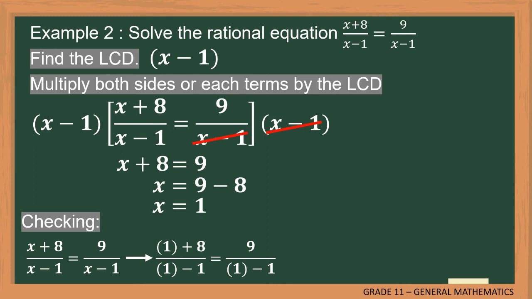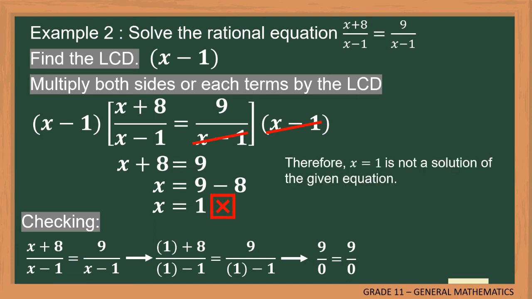So, magiging 9 over 0 is equal to 9 over 0. So, nakita natin na ang denominator natin is 0. Ibig sabihin, magiging undefined ang answer natin. And that is a false solution.